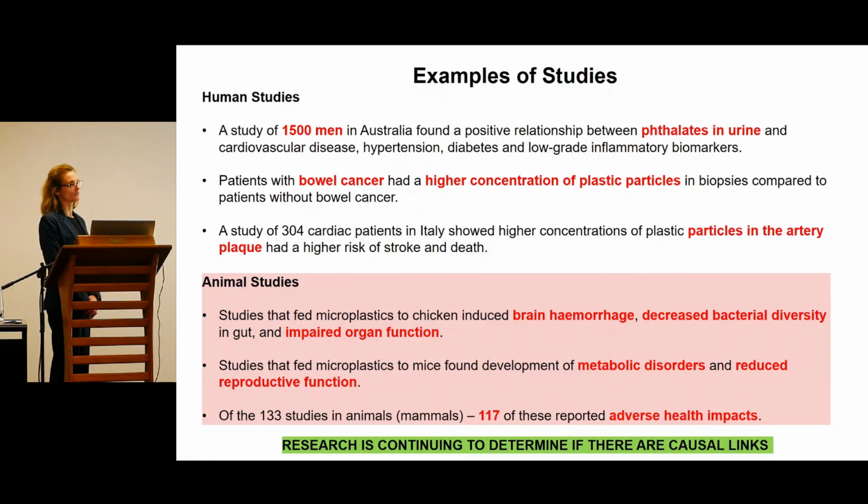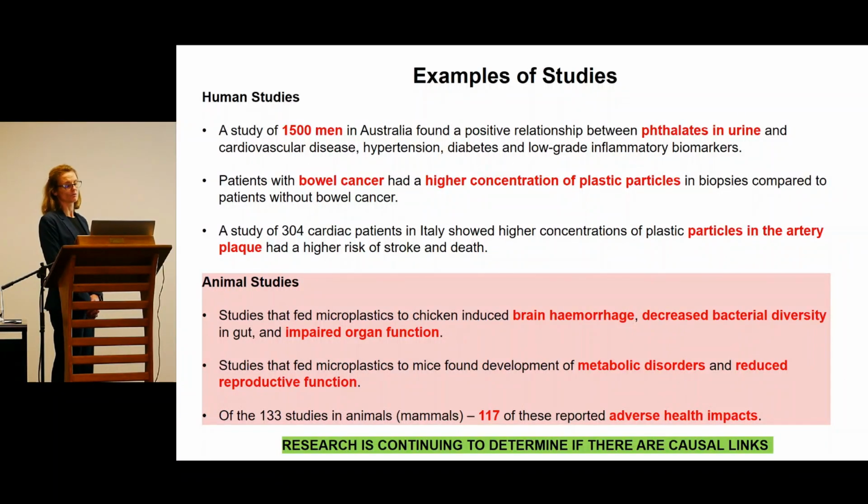However, there have been a lot of animal studies in terms of dosing studies that have fed microplastics to animals, mice and chickens in particular. And one study, for example, found that chickens that were fed microplastics, it did induce brain hemorrhage, decreased bacterial diversity in the gut, and impaired organ function.